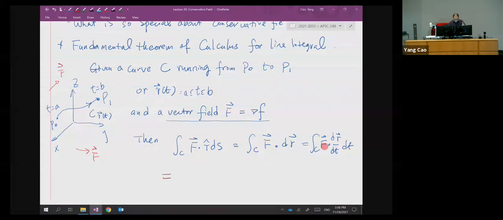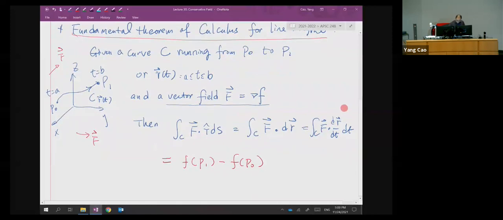But according to the fundamental theorem of calculus for line integrals, and because the vector field F is a conservative field, this vector line integral can now be simplified to equal f of P1 minus f of P0.